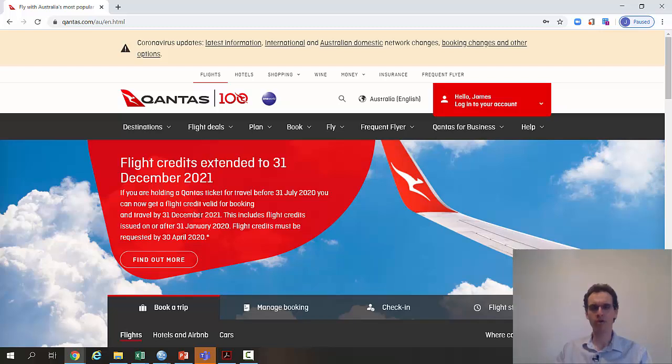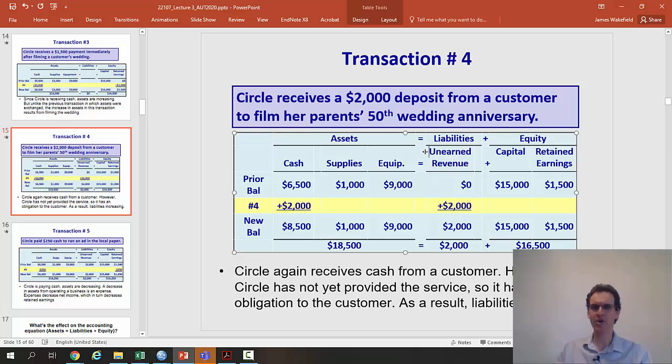So Qantas is therefore holding your money for a flight that you've paid for, but you have yet to use. And if it was booked in the next few months, it's likely to be cancelled, right? So how do they actually record that money that they hold, but have yet to deliver the service to you? Well, we refer to this as unearned revenue because Qantas has not earned the revenue. It is unearned. And this is a liability because Qantas owes you that service at some point in the future, right?